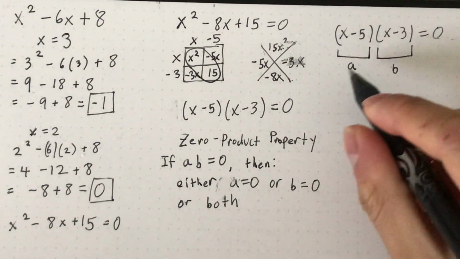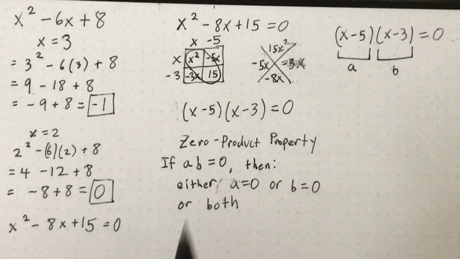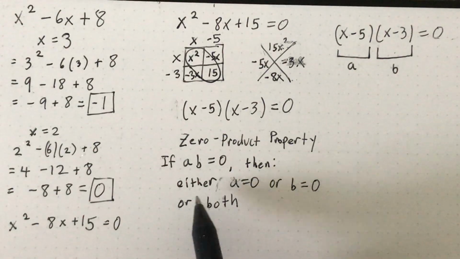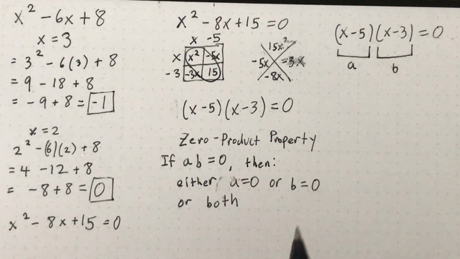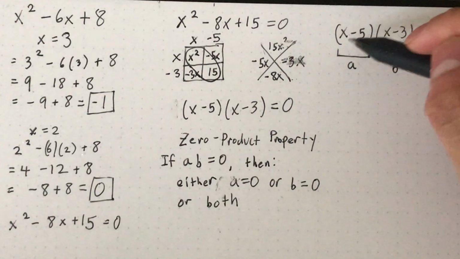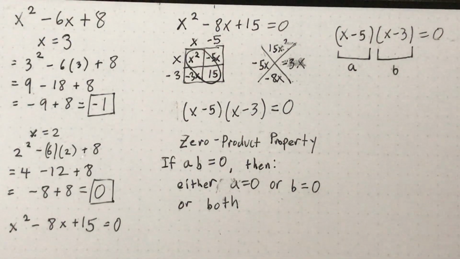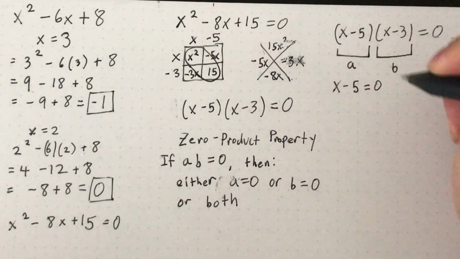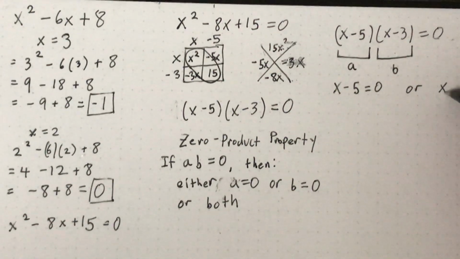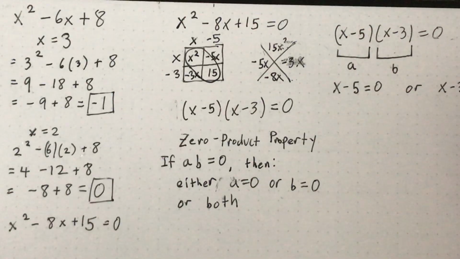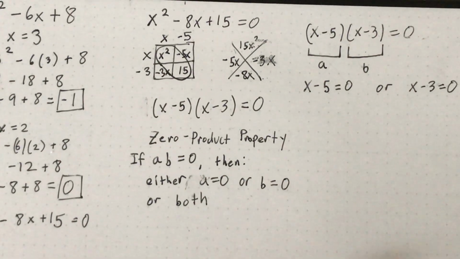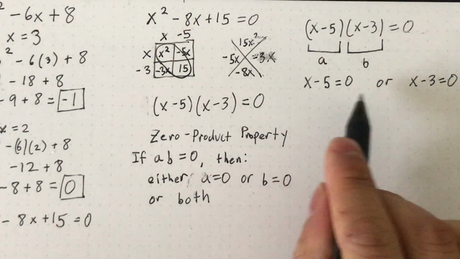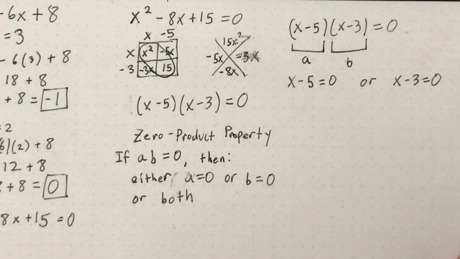The zero product property again states that if a times b equals 0, then either a equals 0 or b equals 0 or both. Translated to this problem, x minus 5 equals 0 or x minus 3 equals 0.